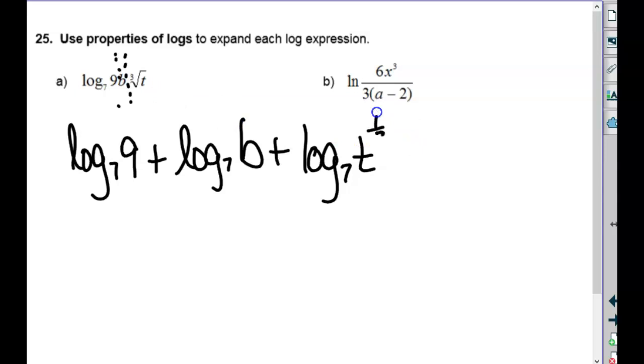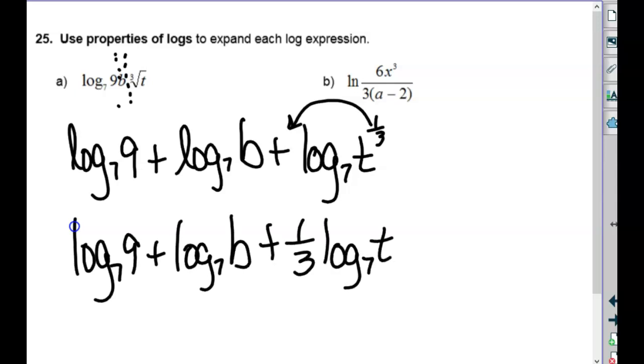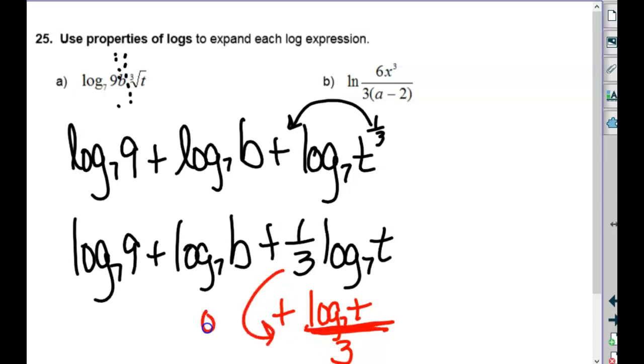Cube root is to the 1/3 power, which we're going to move out here, and either write log base 7 of 9 plus log base 7 of b plus 1/3 log base 7 of t, or you could write this as plus log base 7 of t all over 3. That's how the teacher does it on some of the practice worksheets. This is equivalent to this.